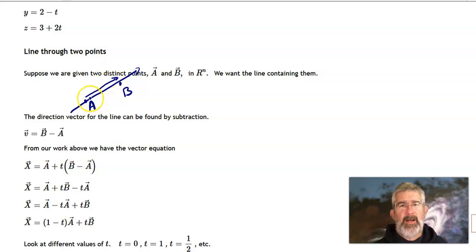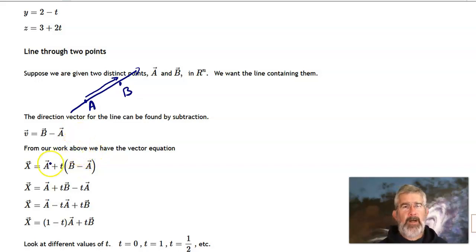And I can get the vector from A to B because that would just be B minus A. Of course, I could do it in the other direction. If I wanted to move that way, I could do A minus B. But I'm going to choose B minus A. So my vector V is B minus A. That's the direction I want to move along that line.